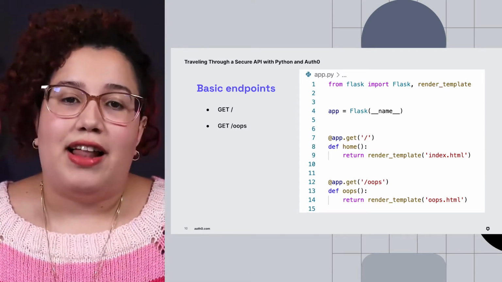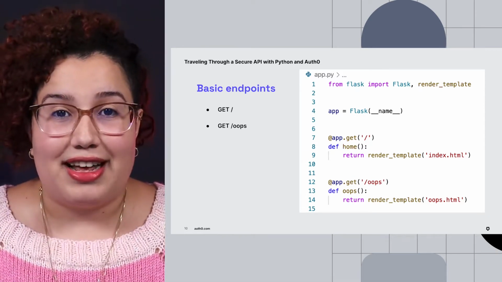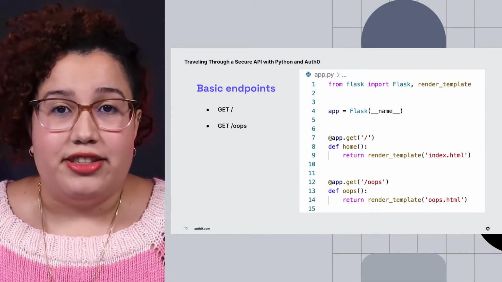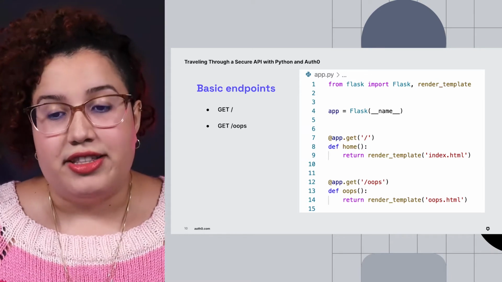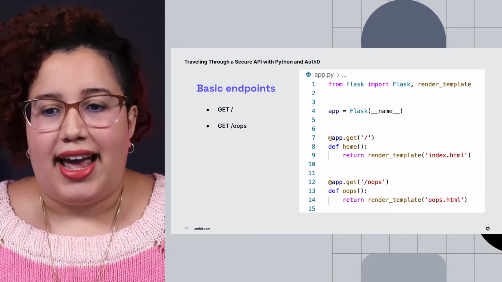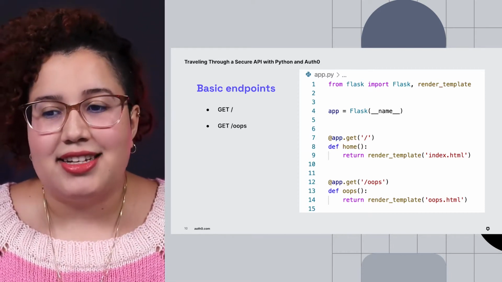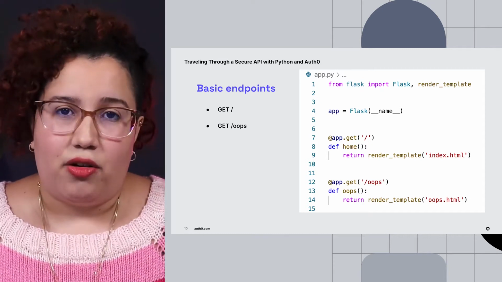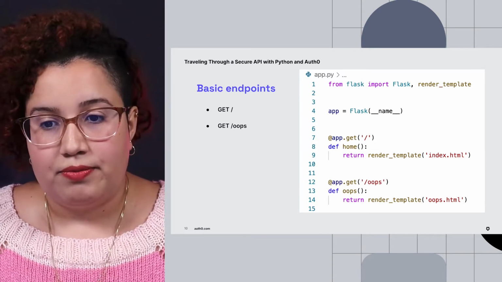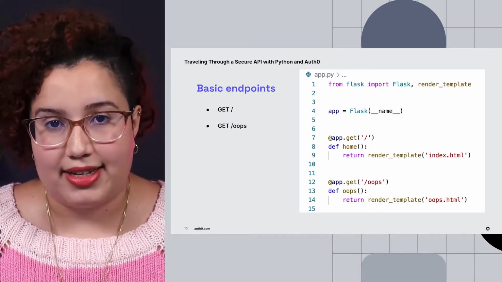So you start your Flask app and then you define both endpoints, and I'm already using Flask 2.0, which gives me a very idiomatic way to say each endpoint receives these HTTP methods. So in the home endpoint, I have an index.html file that is my map. And in the oops endpoint, I only have a simple text message saying something went wrong, please go back. And all of this is rendered via Flask with the render_template method.